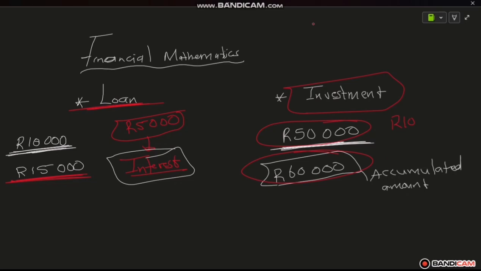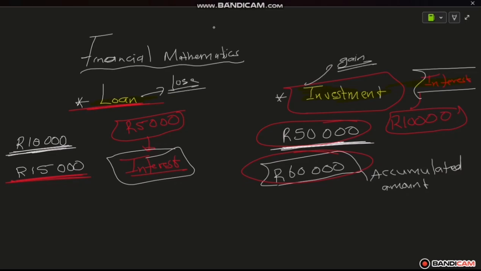So now the 10,000, because he invested 50,000, is known as what? As interest, the money that he gained after investing. When you invest, the interest that is calculated is the gained interest by the investor. But when you take a loan, the interest that is calculated is the interest that the person who borrowed money loses. But here you gain. So in an investment, you gain. When you take a loan, you lose.